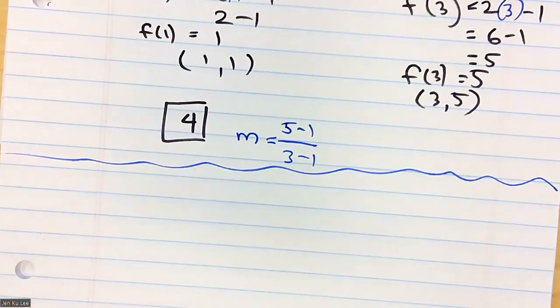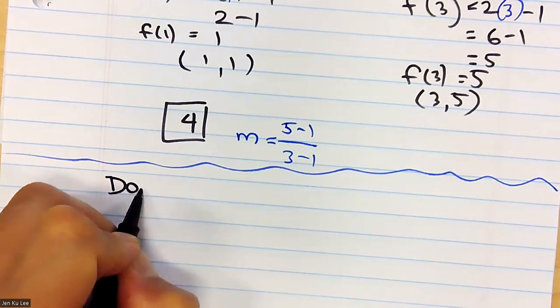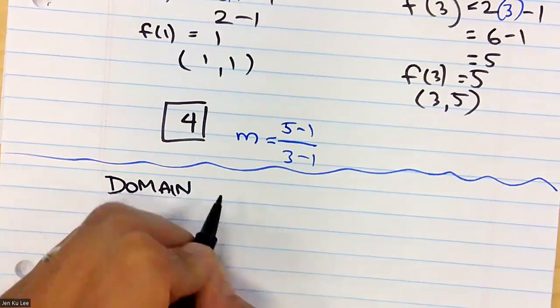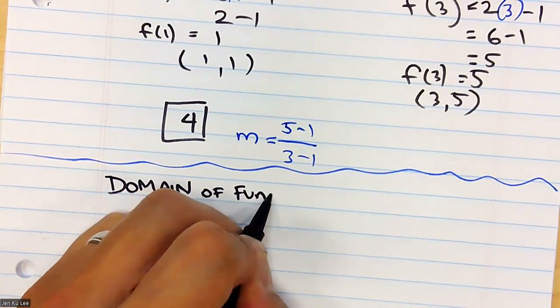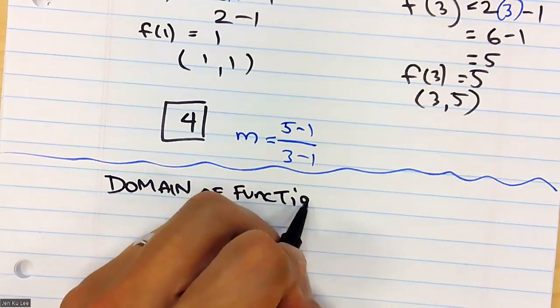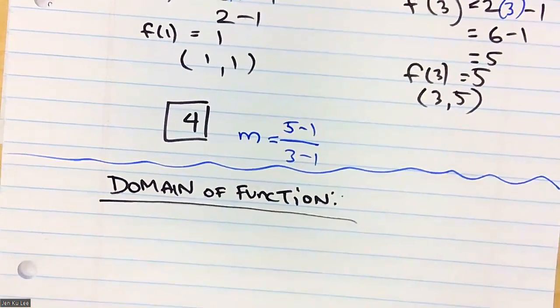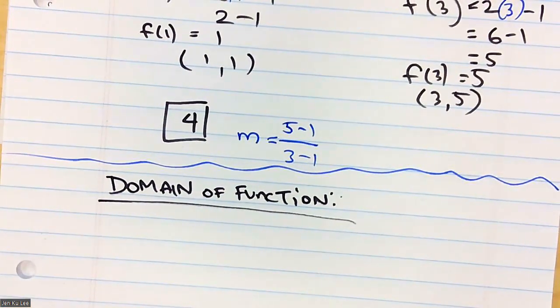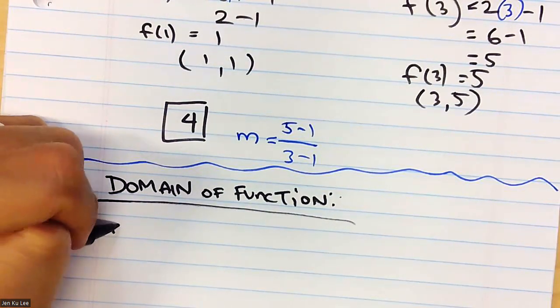Next idea, and it's a big one: to find the domain of the function. When we are asked for the domain of the function, it's going to be all real numbers, unless... so let's write that down.